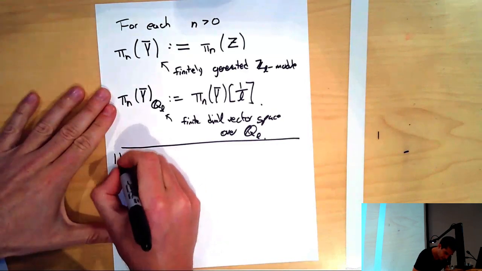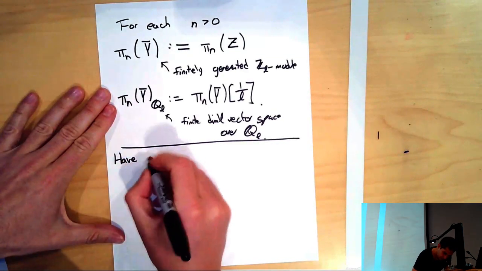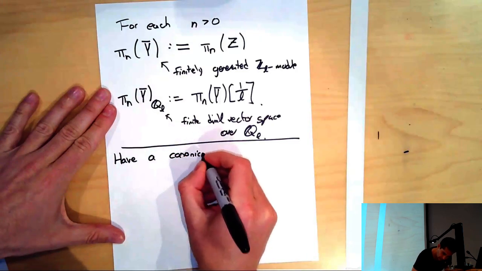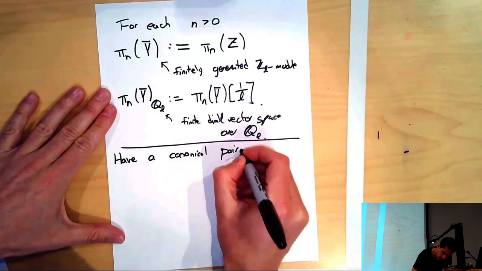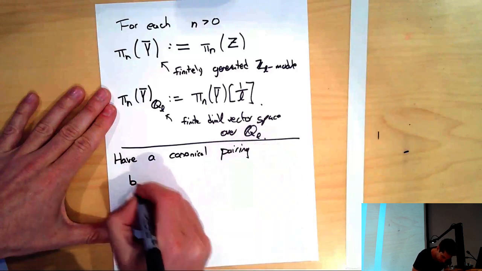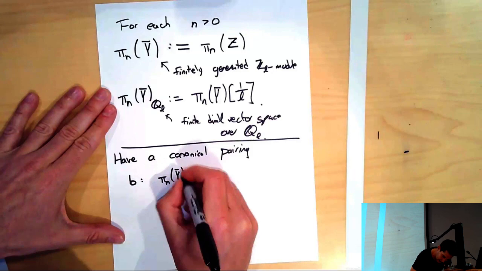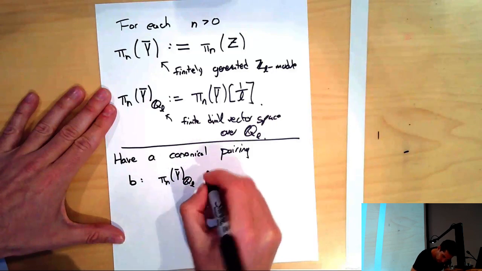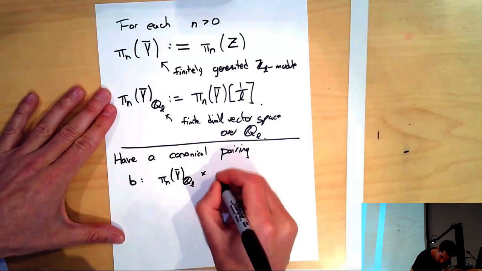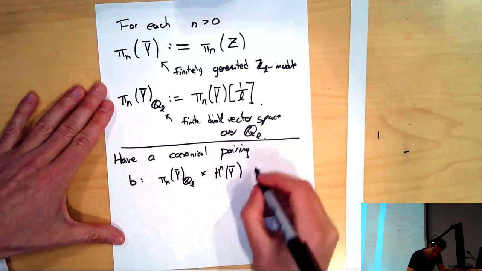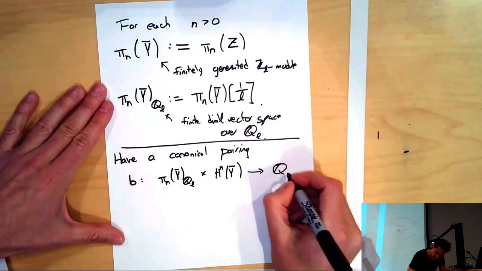And we have the same thing here. So there's a canonical pairing, I'll write it as B, from pi n of y bar with Q_L coefficients cross Hn of y bar, this is L-adic cohomology, into Q_L.